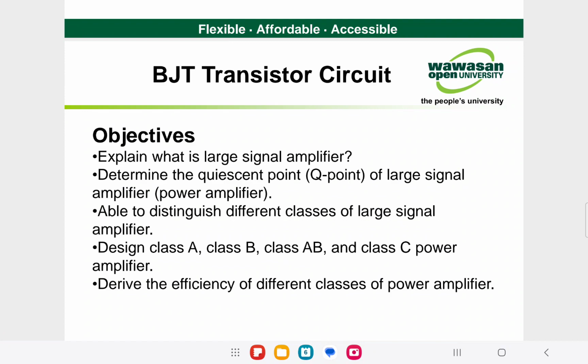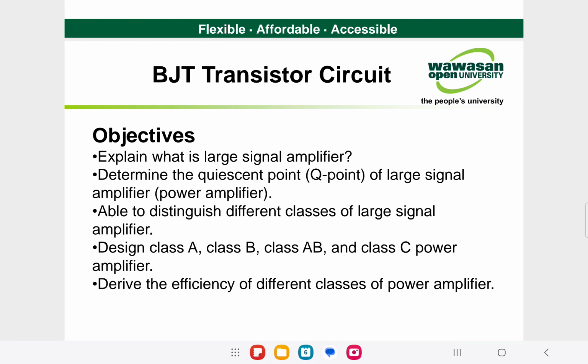For this Unit 3, we will discuss the circuit of power amplifier, which covers the analysis of class A, class B, class AB, and class C power amplifier circuits, and we will also discuss the distortions of amplifier and power dissipation issues at the end of each section.